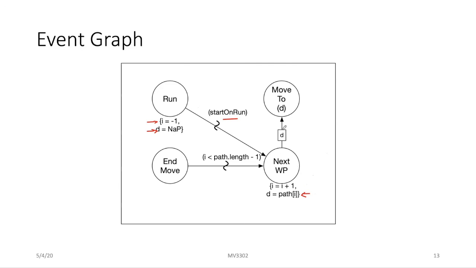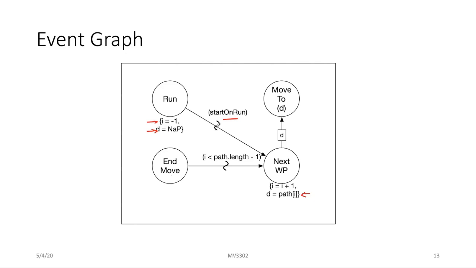And then it's going to schedule the move to, passing the destination. But when it hears an end move, it's going to say, well, if my index is less than the length -1, again, you have to worry about that, I'm going to schedule the next waypoint. So we're reaching the end here.